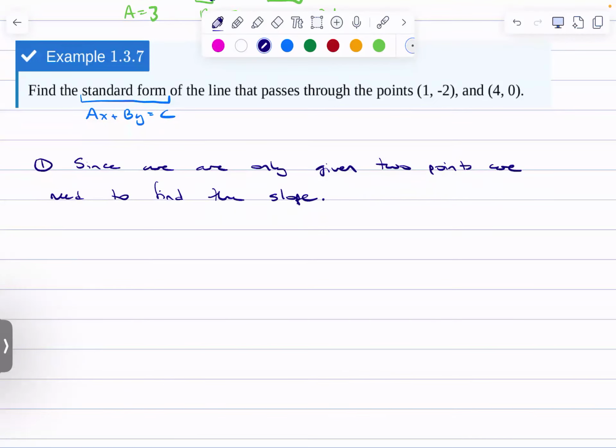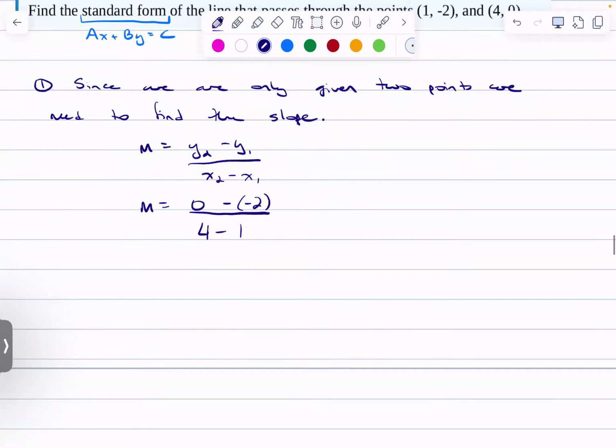The slope is y2 minus y1 over x2 minus x1. So I find that if I use 0 minus negative 2 divided by 4 minus 1, I get a slope of 2/3.